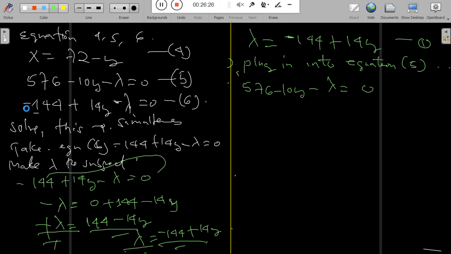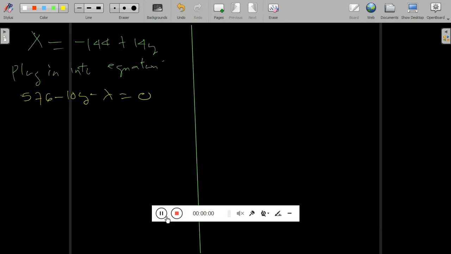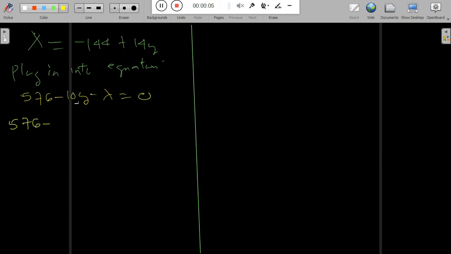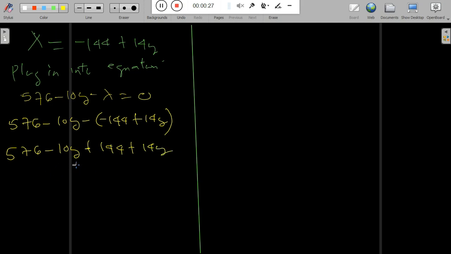Plugging in lambda, it will be 576 minus 10y minus negative 144 plus 14y, so 576 minus 10y plus 144 minus 14y.